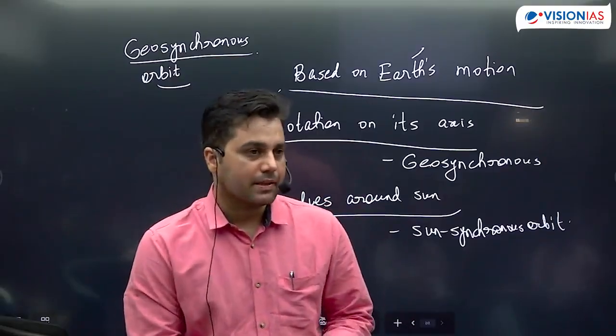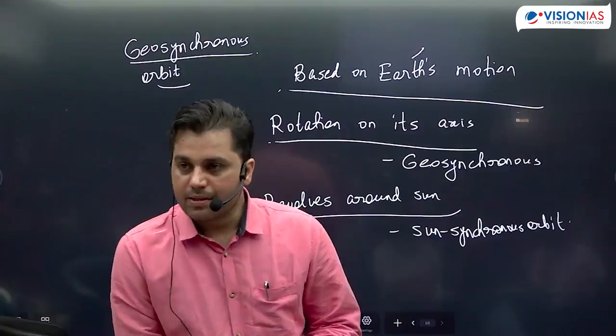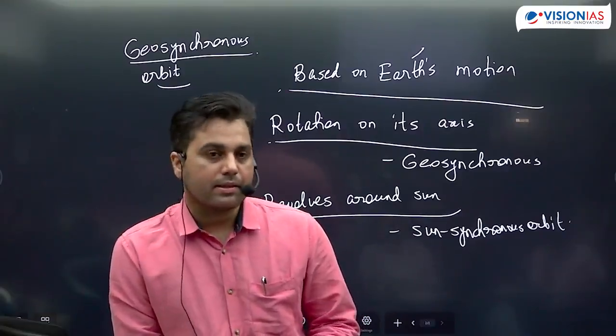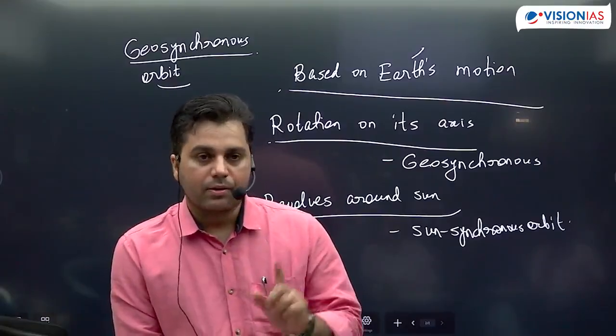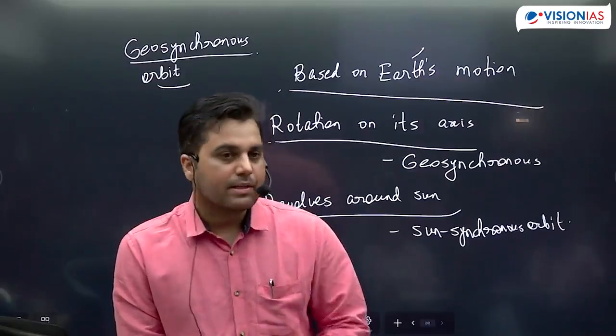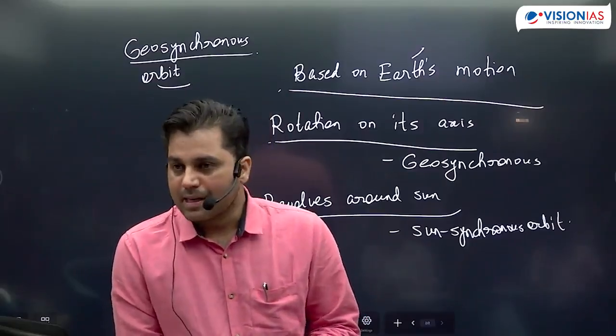In this particular case, we are talking about synchronization of the satellite's orbital revolution with Earth's rotation on its axis. So Earth rotates on its axis in 24 hours. In fact, it is not exactly 24 hours. It is less than 24 hours.